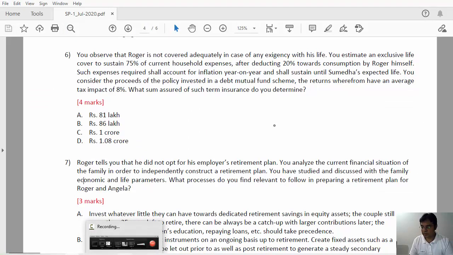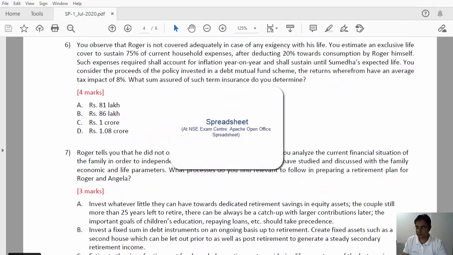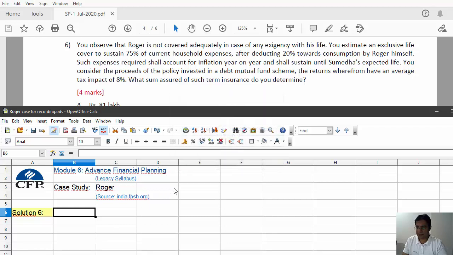Now next is how we can do this on the spreadsheet. Okay, same thing. So let me go to the spreadsheet computation now. Let me enter all this data. Roger, and I'll put Angela next.